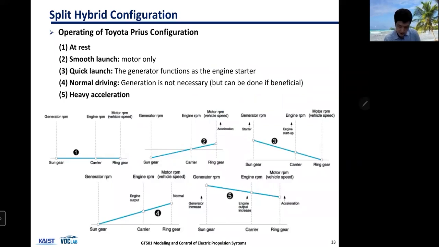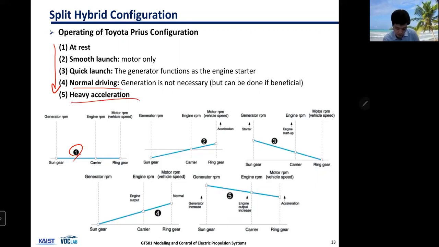To give you a better idea of how the split hybrid system works, this lever analogy explains that. This is at rest, and then go through launching, smooth launching, quick launching, normal driving, or close to steady state, or heavy acceleration modes are shown here.